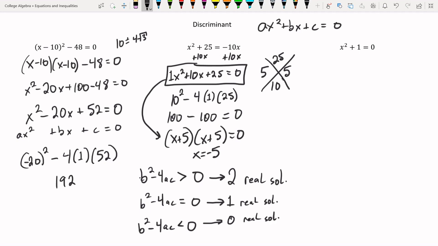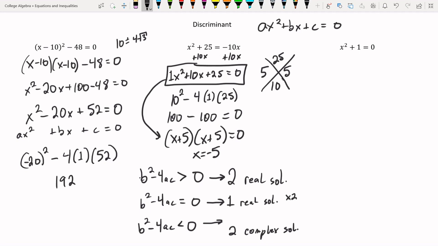There has to be 2 solutions though, right? The first one is 2 real solutions. That means these solutions are complex. So really that's what we're saying here, it's 2 complex solutions.